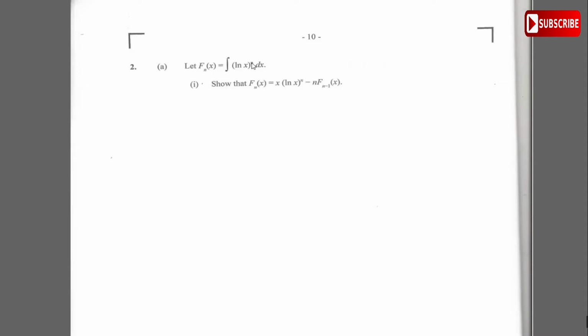So we're going to have to use integration by parts. But first, we're going to have to rewrite fn x as the integral of, instead of saying (ln x)^n, we're going to write (ln x)^n times 1, so it's (ln x)^n multiplied by 1 dx.